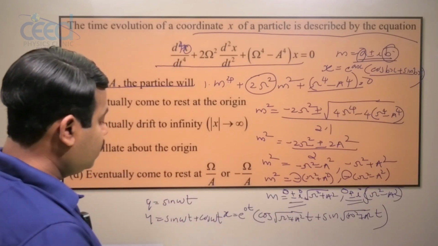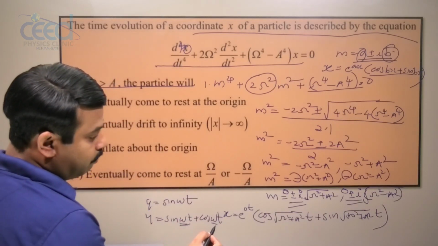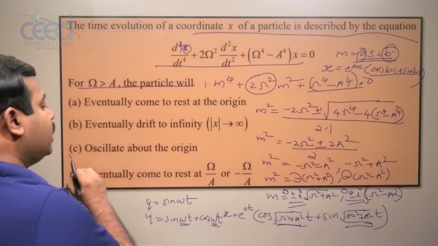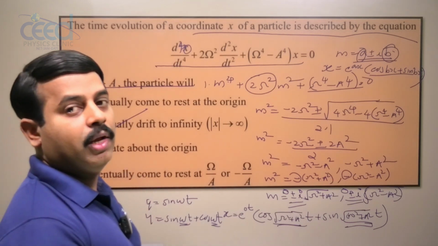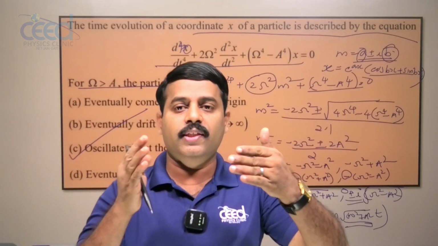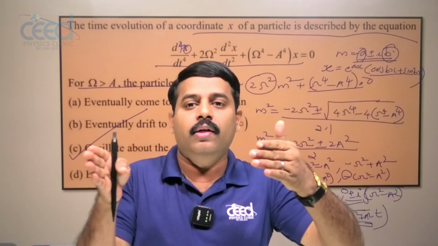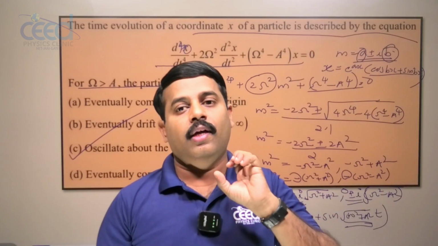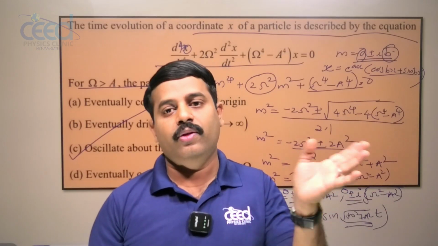But here omega is replaced with this term, that is the only difference. So it oscillates about the origin. What is simple harmonic motion? Simple harmonic motion is a periodic motion in which it oscillates about the origin, and graphically we can plot its nature as a sine and cosine function.